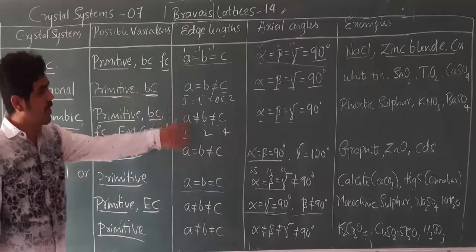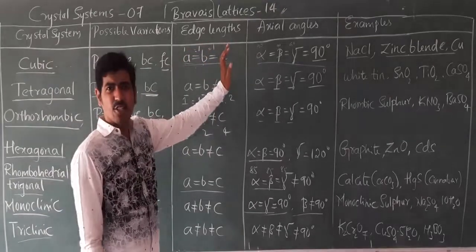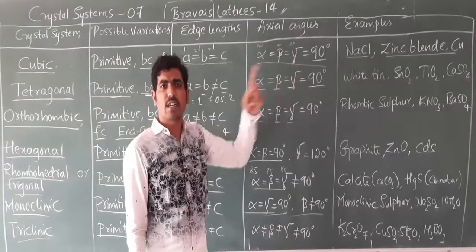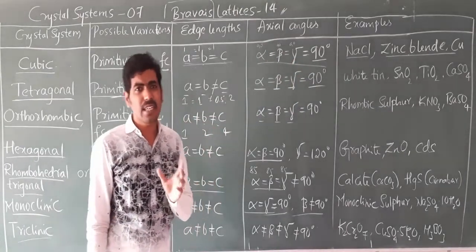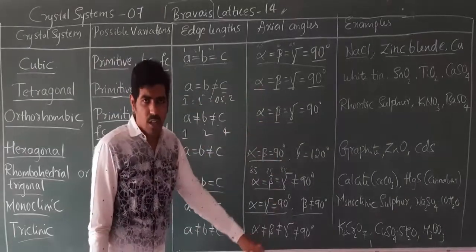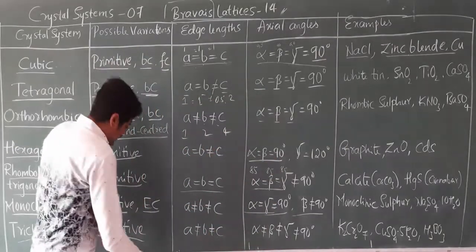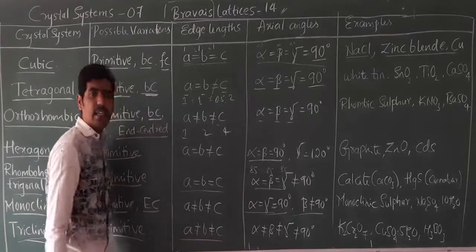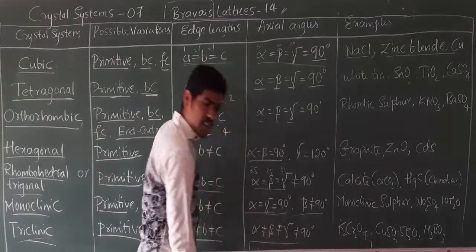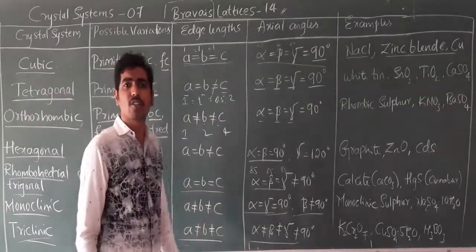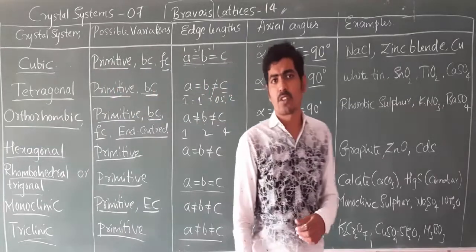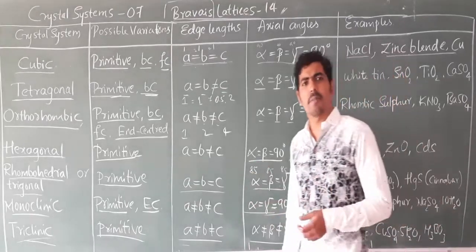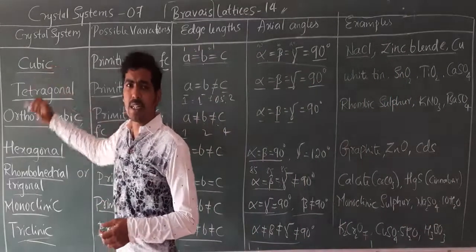If you observe, the edge lengths should be unequal and axial angles also should be unequal. That one will be the most unsymmetric crystal system. Among these 7, the triclinic crystal system is the most unsymmetric one because angles are different and all edge lengths are also different. So the most unsymmetric crystal system is triclinic and the most symmetric is cubic.